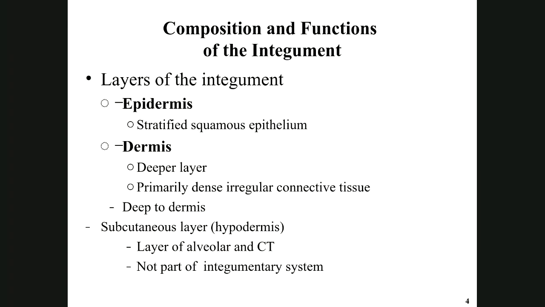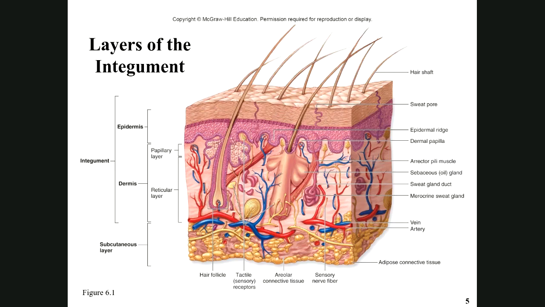We have different layers in the skin. The layers of the skin are shown in this picture. The first layer of the skin, or the outermost layer, is called epidermis. The epidermis of the skin is keratinized stratified squamous epithelium.